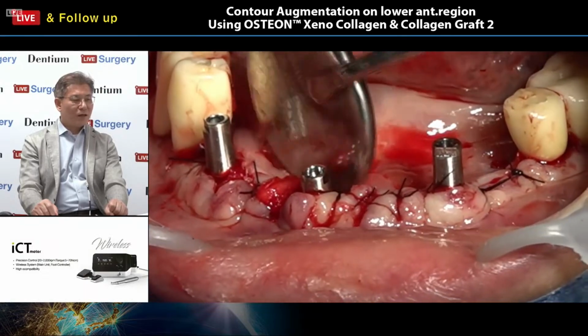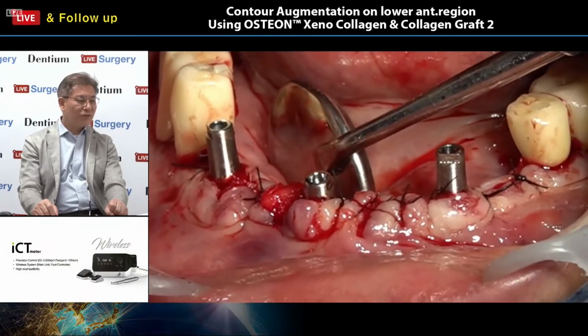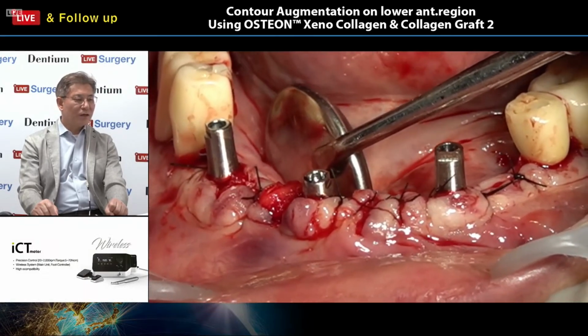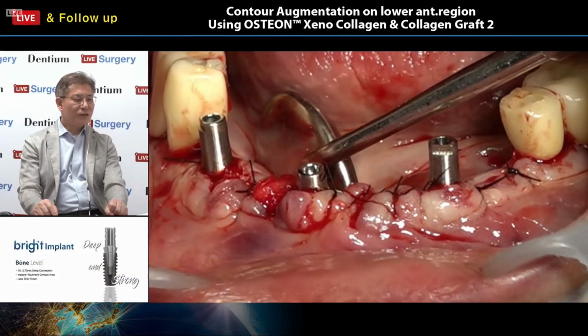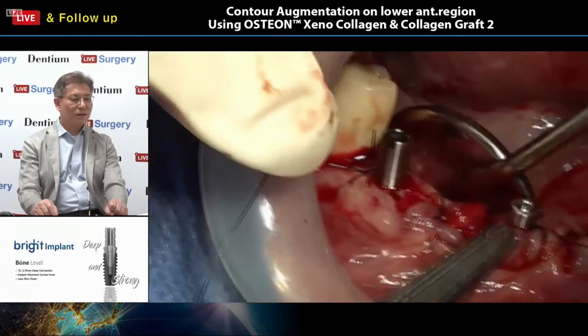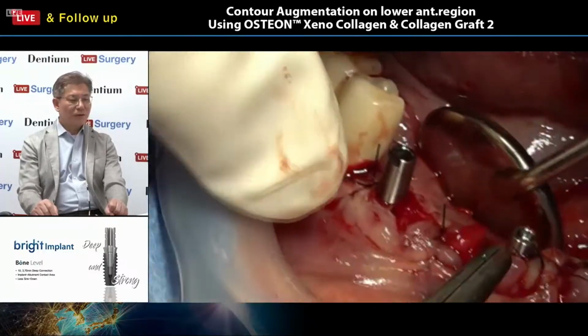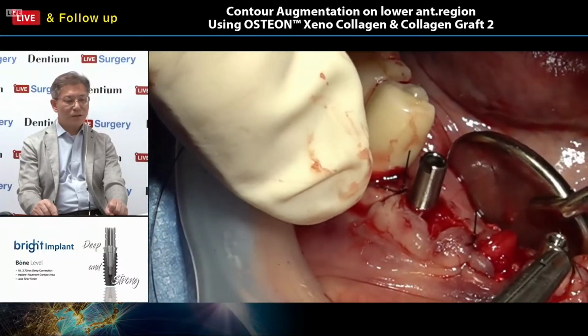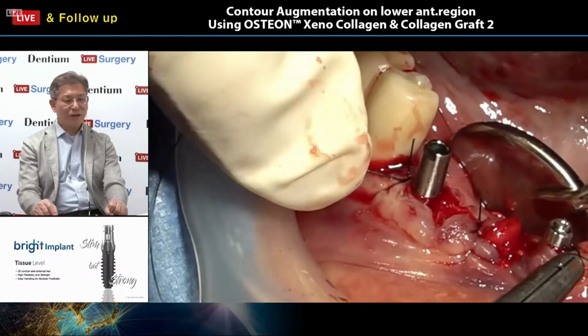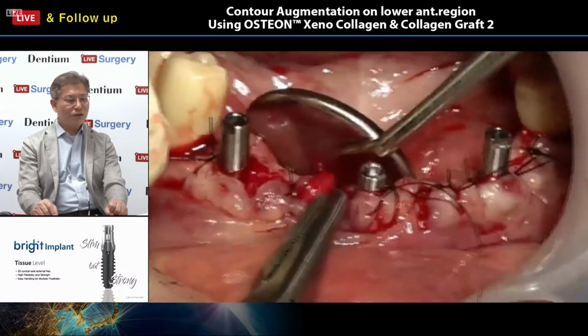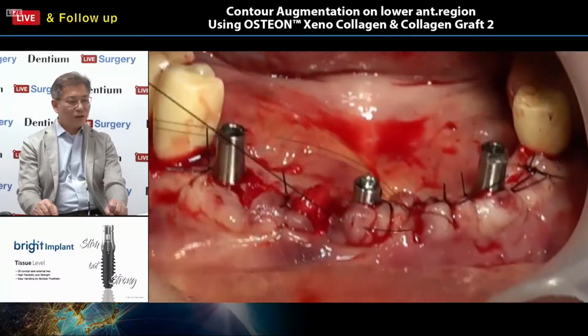Okay, I think the area around number 42, 43 needs more sutures, not for flap closure, but because this collagen graft exposed area needs more suture.